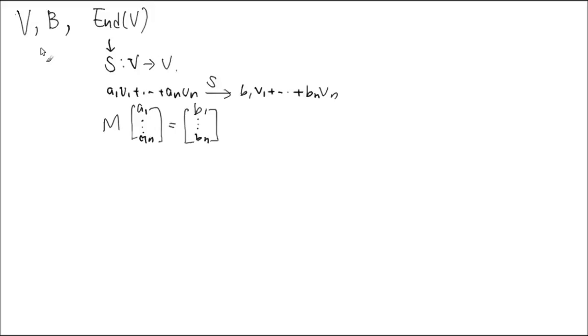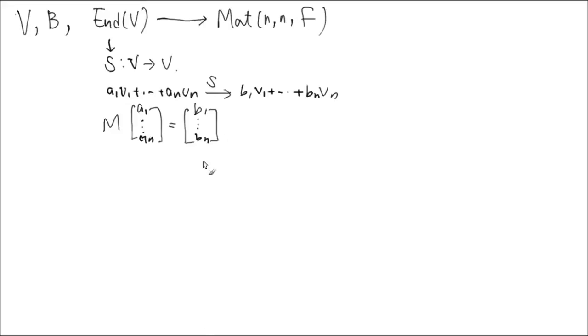That's the matrix, right? So do you see that for each linear map, there's a matrix in there? So what is that? That matrix is n by n, whatever the field that you're looking at. Is that okay? All right.